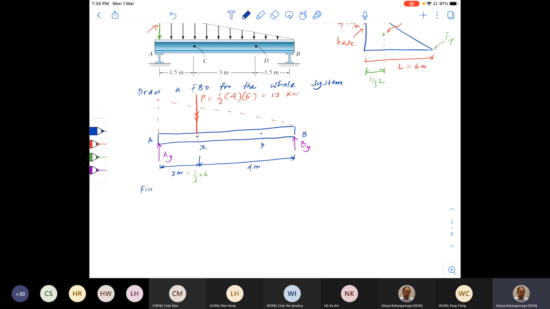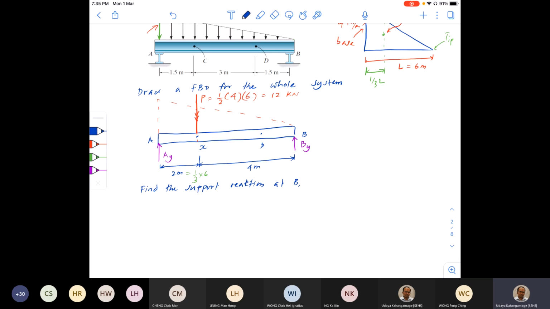All right, find the support reaction at B. So what we can do, if I just write force equilibrium in y direction, both AY and BY come to the equation, right?